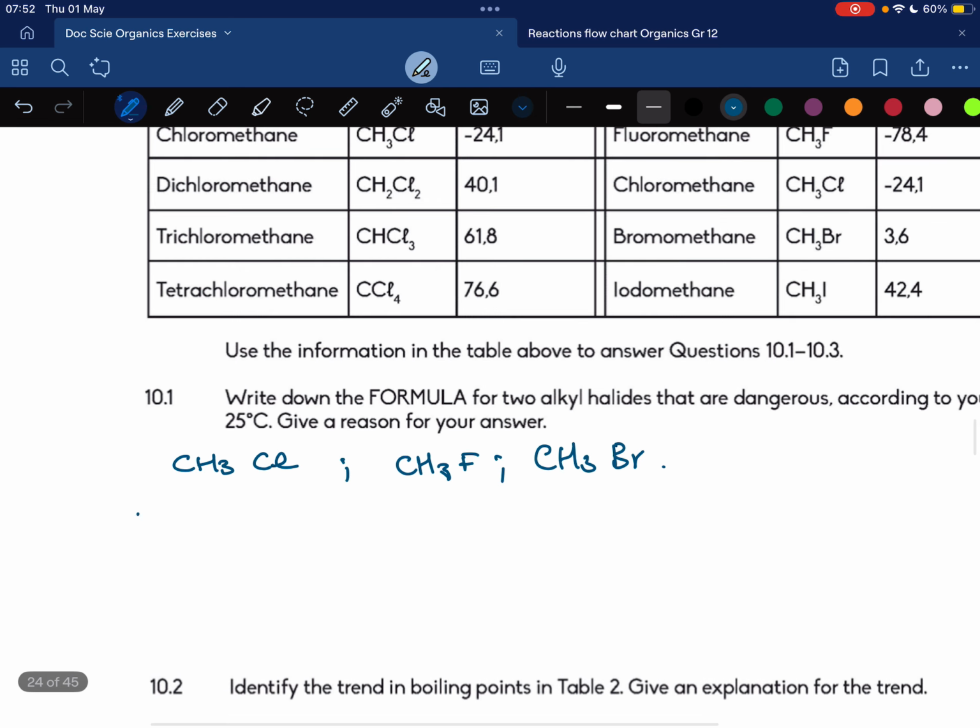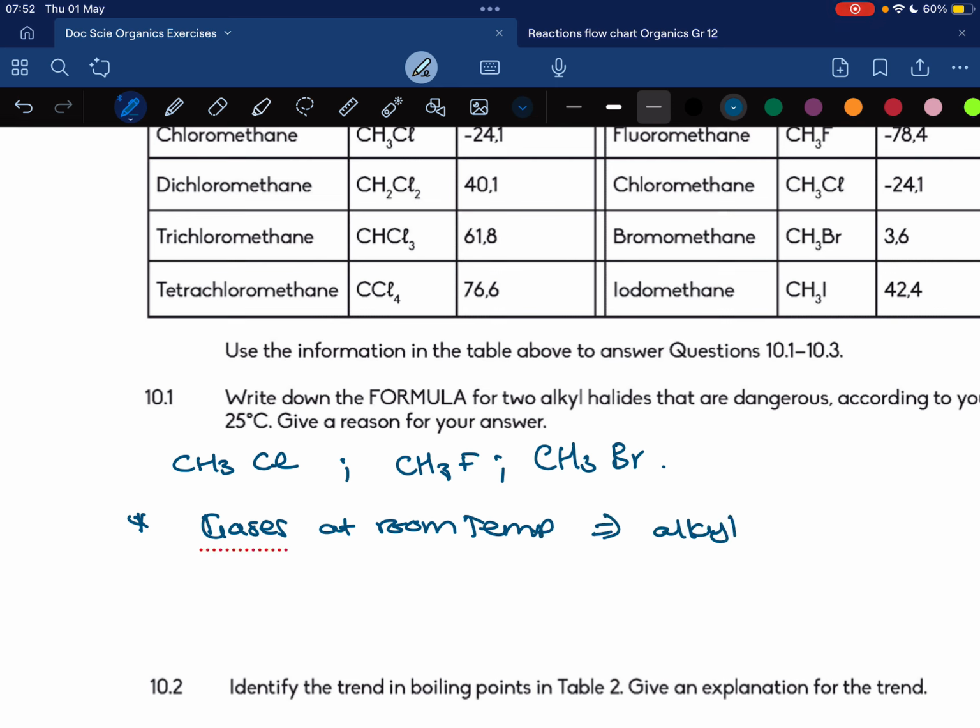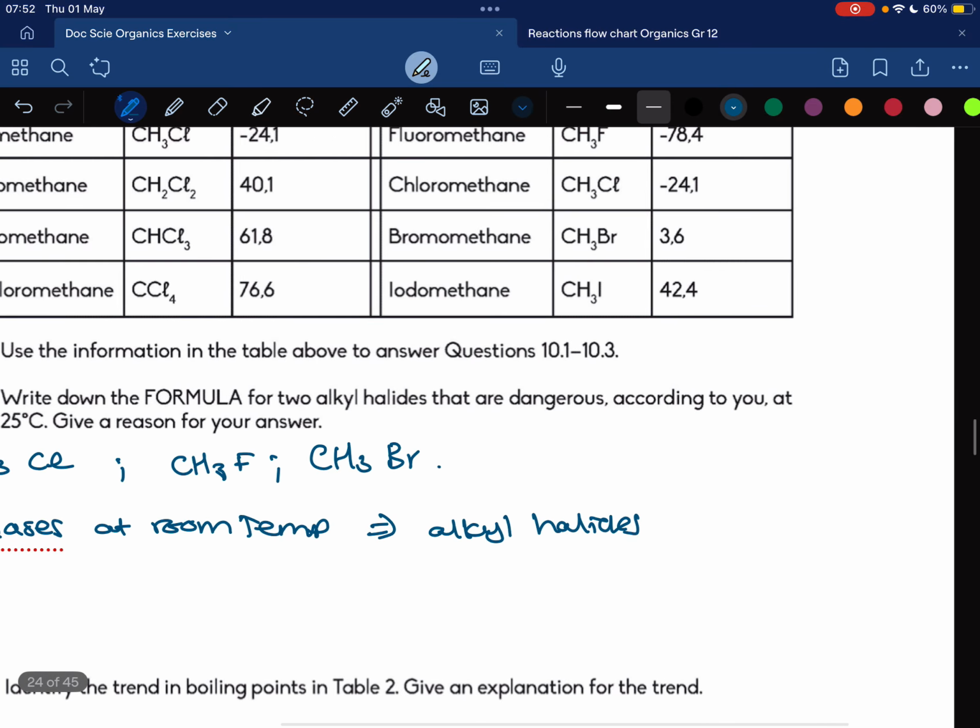Now, just as a general note, they're gases at room temperature, and alkyl halides are extremely poisonous when they are in their gaseous form.